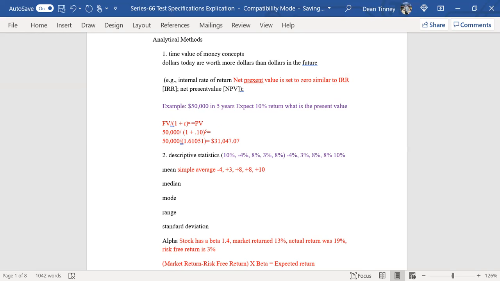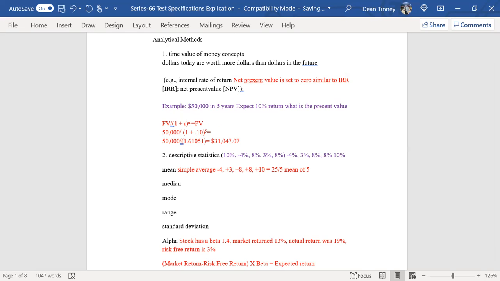And if we sum those numbers, we end up with 25. And then to get this simple average, we just divide that by the number of occurrences, and we get the mean here of 5. I would be able to do that on your exam, whether it's dollar cost average. At some point, you're going to have to get a simple average of something, so I'd be able to do that math.